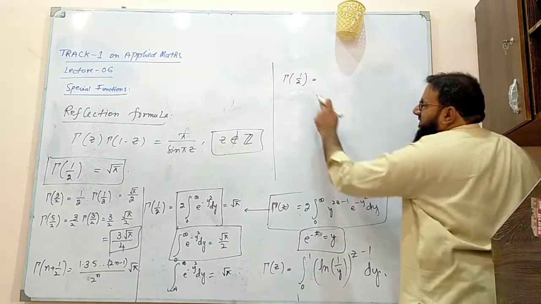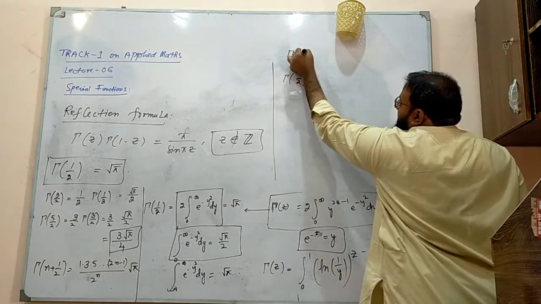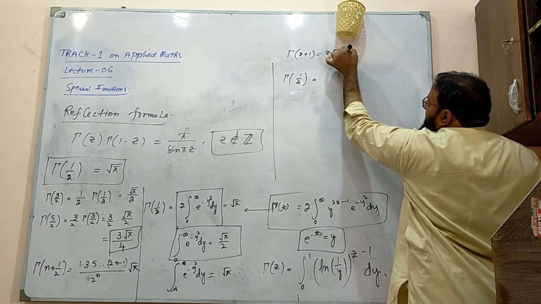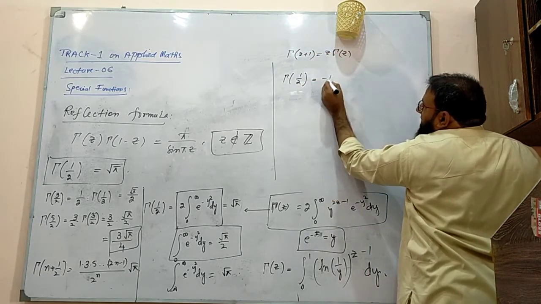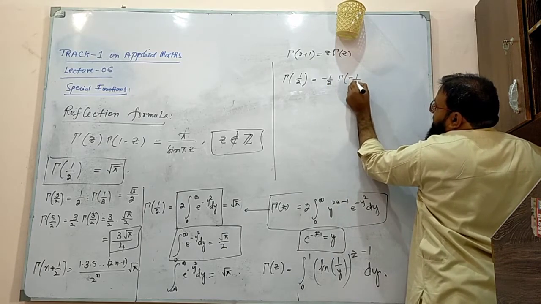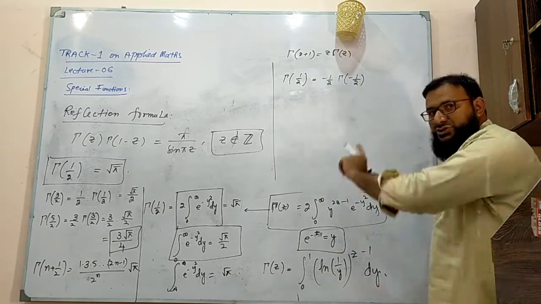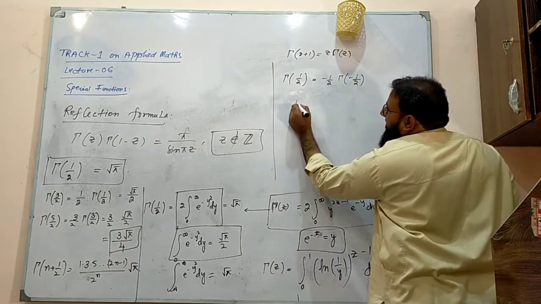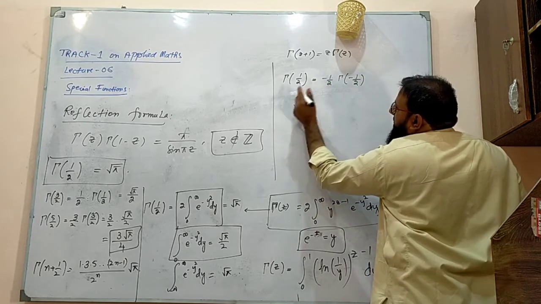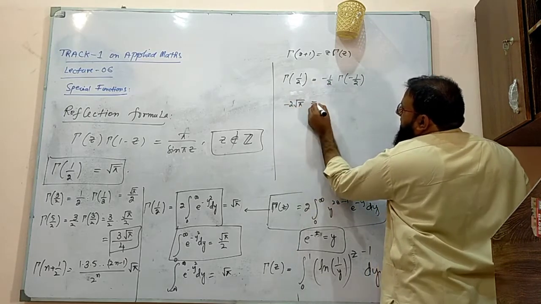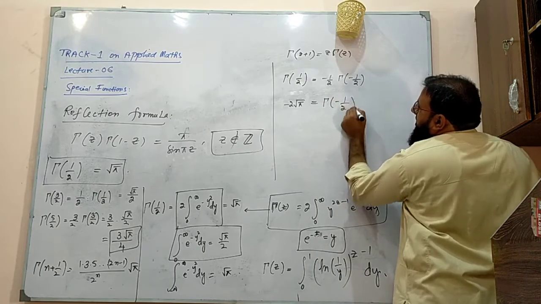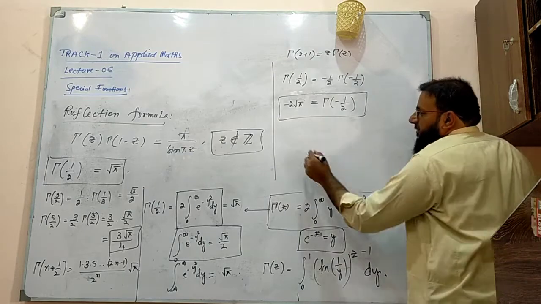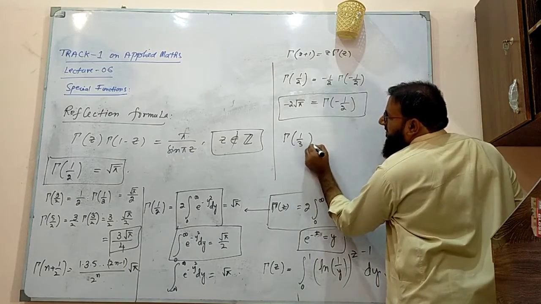You know very well gamma of z plus 1 is z times gamma of z. So you subtract 1, and this becomes minus 1 half times gamma of minus 1 half. Now gamma of 1 half is the square root of pi. You take minus here and you multiply 2. This is the value of gamma of minus 1 half.